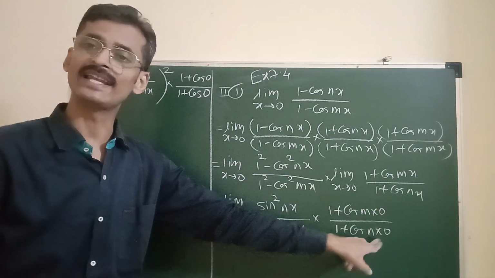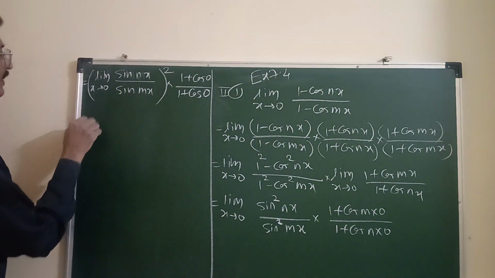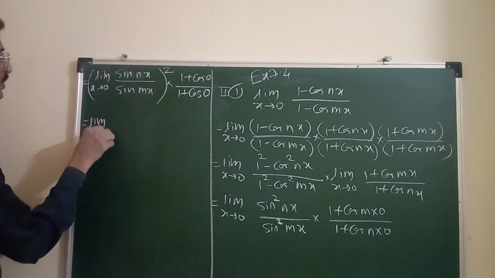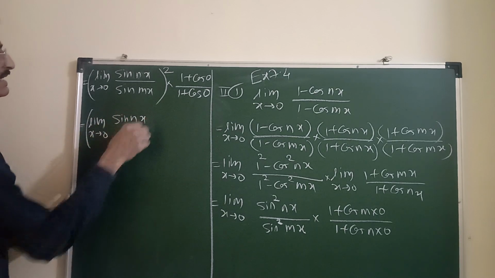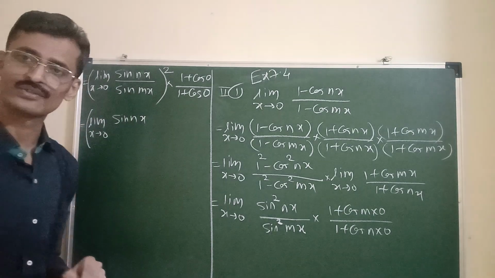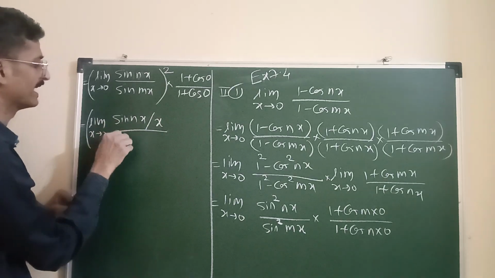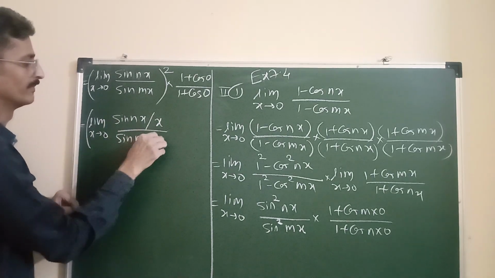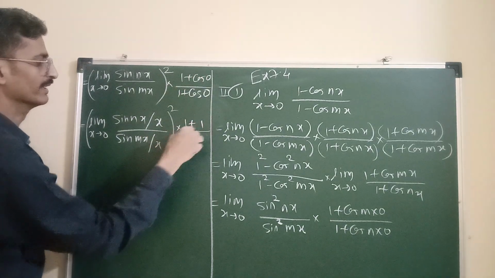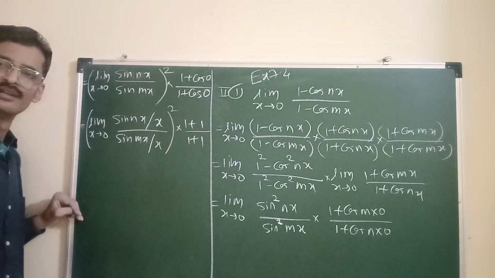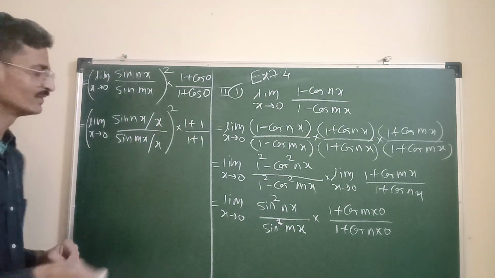And m into 0, n into 0 is 0, 0. So now limit x tends to 0, you can write here a bracket: this is sin nx and this is sin mx. So x is the same, divide numerator and denominator by x, whole square. Cos 0 is 1, cos 0 is 1, so 1 plus 1 is 2, 1 plus 1 is 2, we can cancel here directly also.